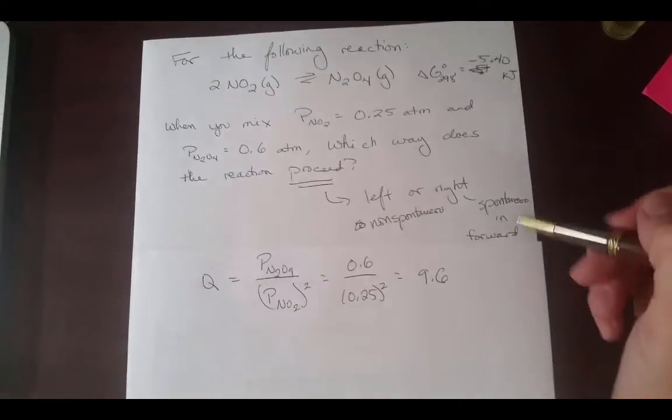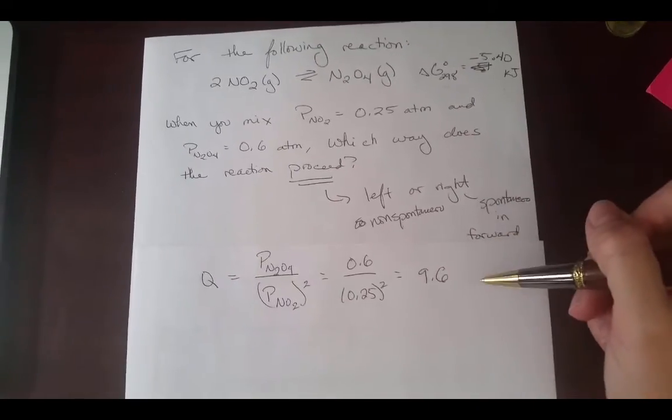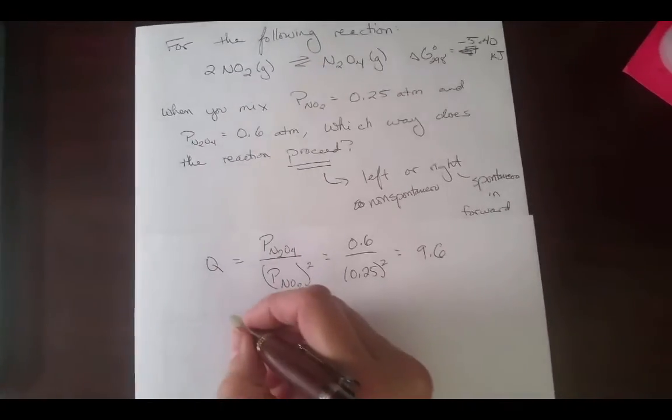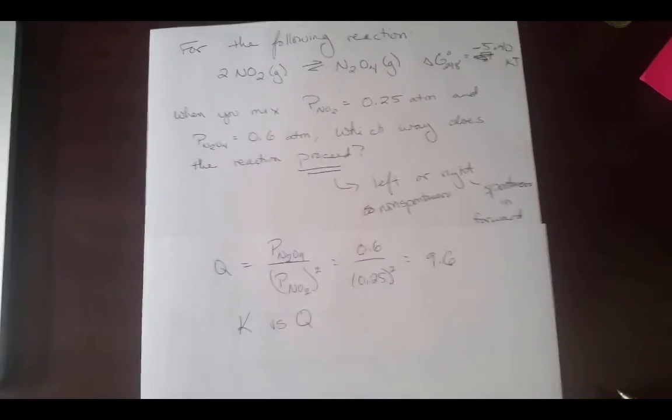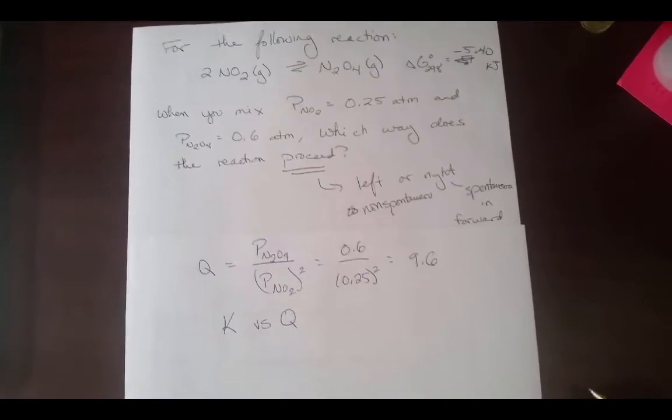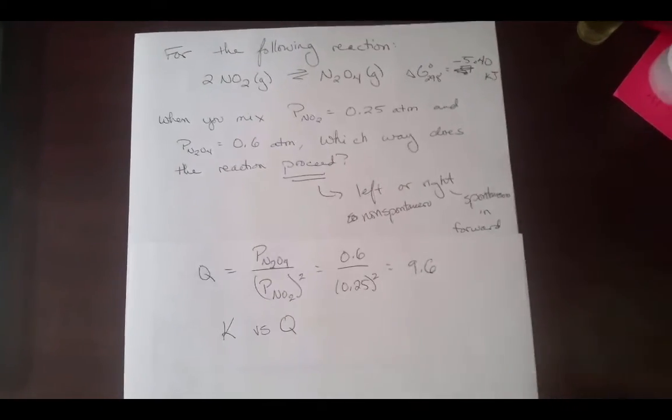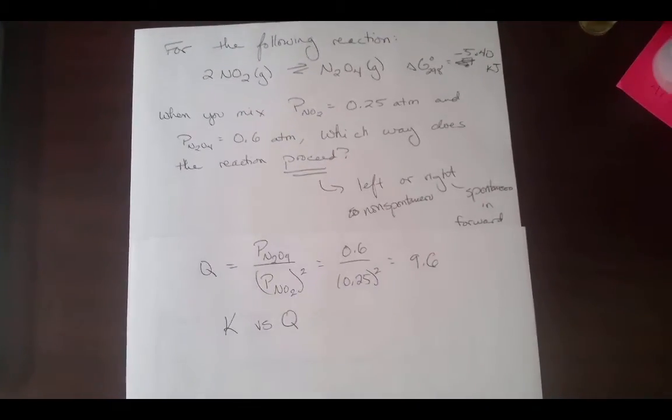So now, in order to figure out which way the reaction proceeds, the other thing I need is K versus Q. From what I'm given, I could solve for K from my delta G standard.